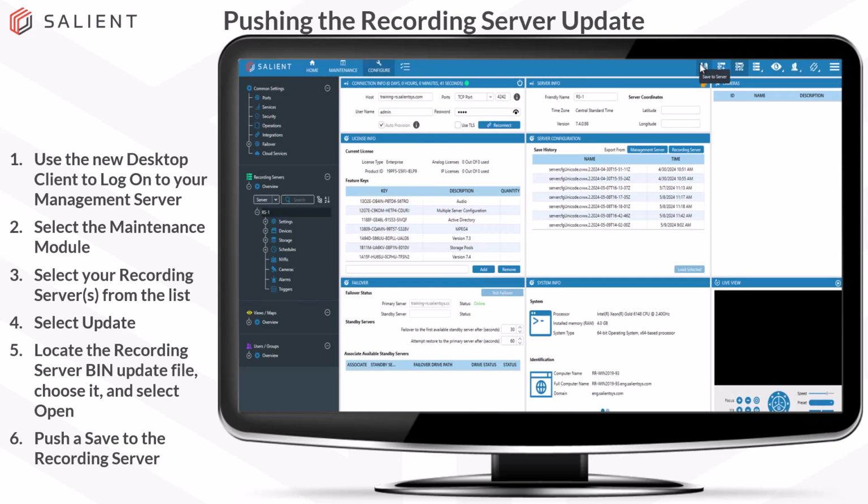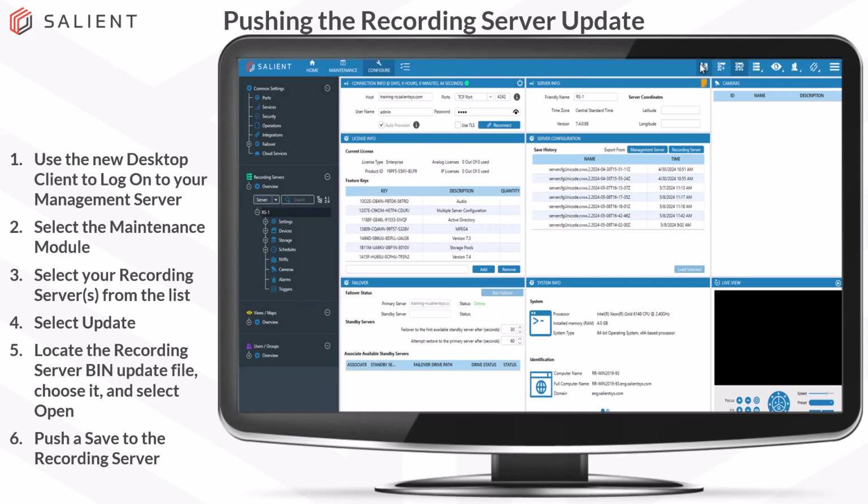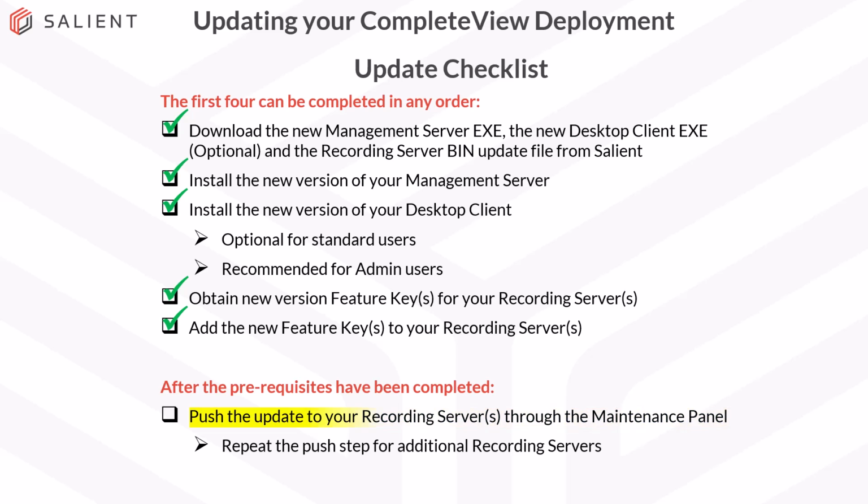And now the update process on this server is complete. And with that save, that completes the update process for a recording server. With those same steps, you can easily update the rest of the recording servers in your deployment. Just select the other recording servers from the maintenance panel list and push out the update.